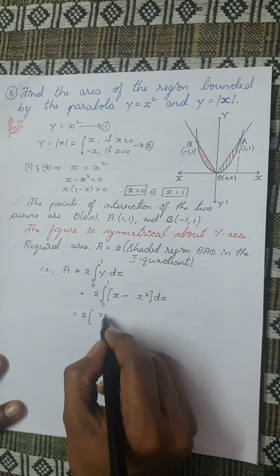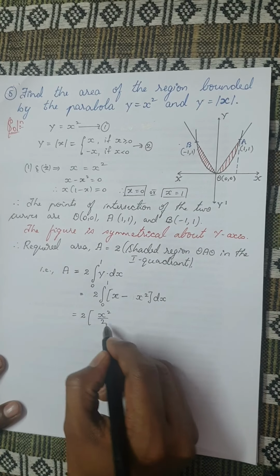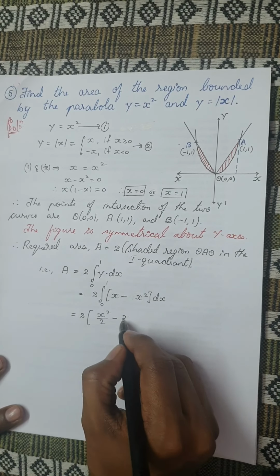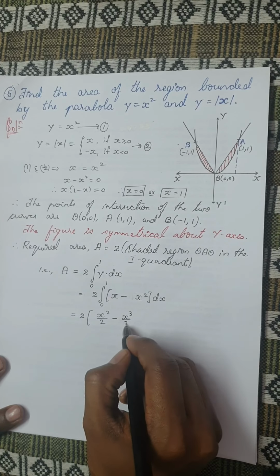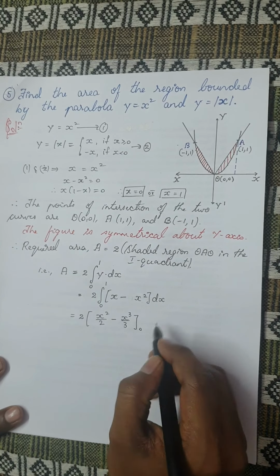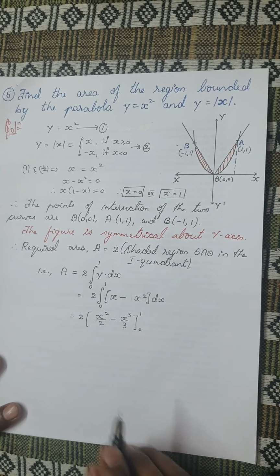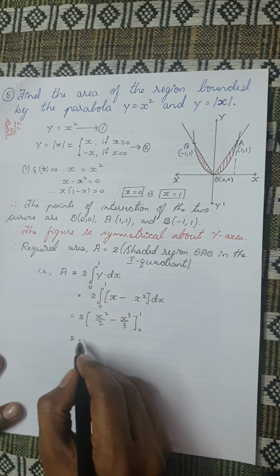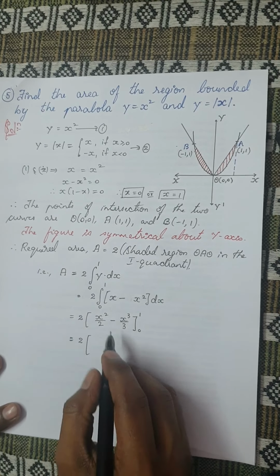Now the integral of x, we know, is x square divided by 2, minus the integral of x square, which is x cube divided by 3, within the limits 0 to 1. 2 is a constant, so let me keep it as it is.